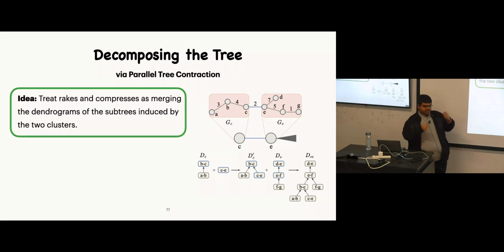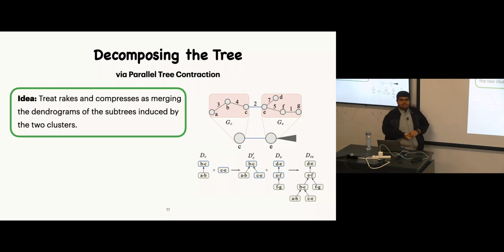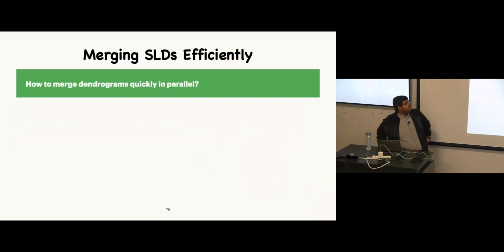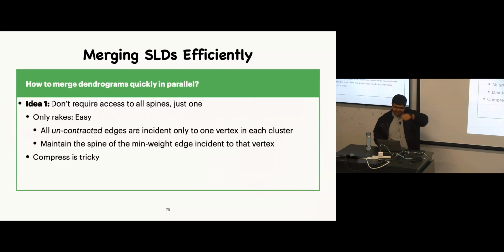For the first merge, the common vertex is vertex C. Once we have that, we merge this intermediate dendrogram with the dendrogram of GE, and there the common vertex is also vertex C. So now the question is, how do we merge dendrograms quickly in parallel?